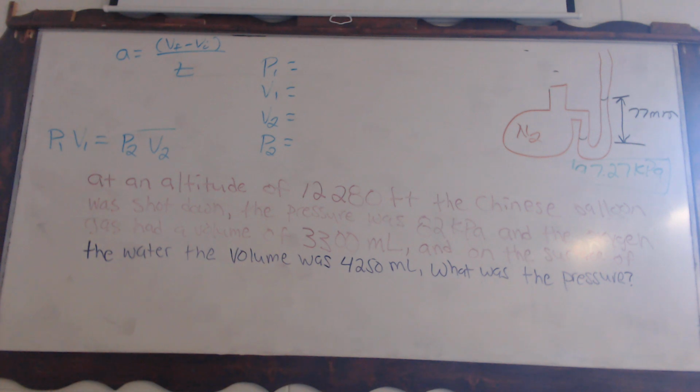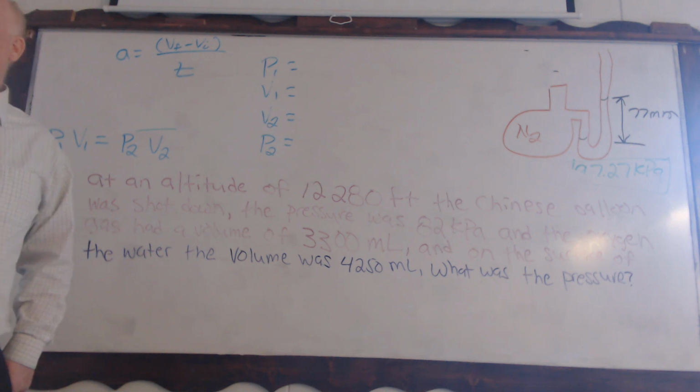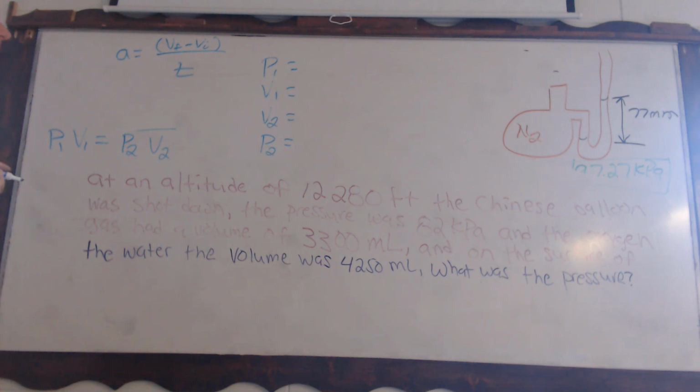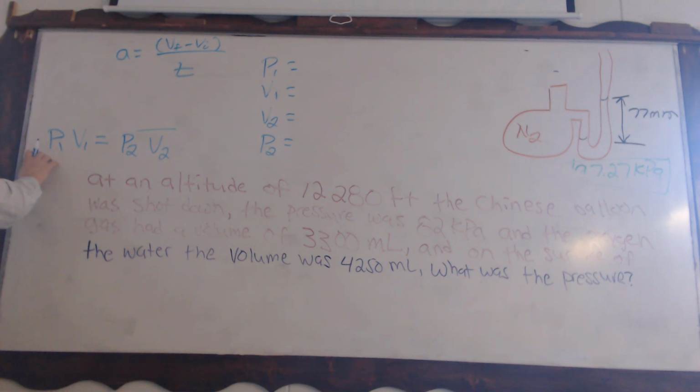So what was our first pressure that we saw? At altitude, what was the pressure on that balloon? That's right, but we want that in what though? We want those in atmospheres. Pressure is going to be in atmospheres. Volume can be in liters or milliliters.